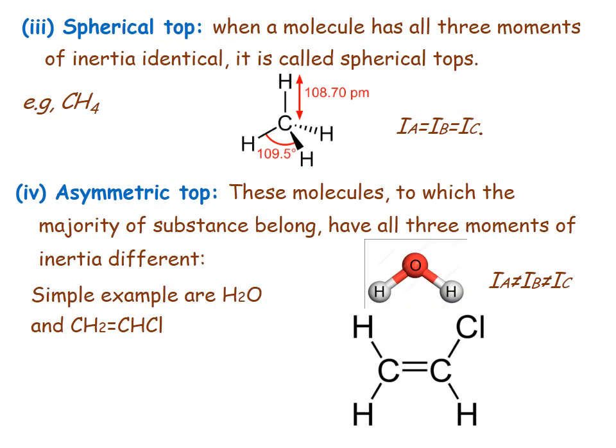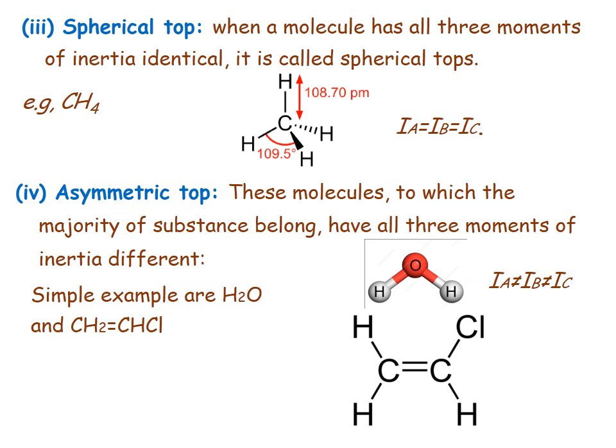The next type of classification is spherical top molecules. When a molecule has all three moments of inertia identical, it is called a spherical top, for example the tetrahedral molecule methane.